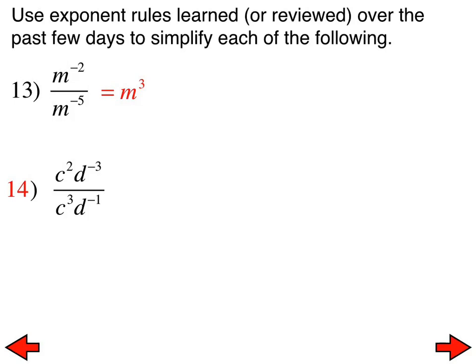Make sure you go all the way through number 18. Number 14, we can think about this a number of different ways, but one way would think of it as two problems in one. C to the second over C to the third times D to the negative 3 over D to the negative 1. And I know many of you don't have to think about it that way, but that's really what's happening.